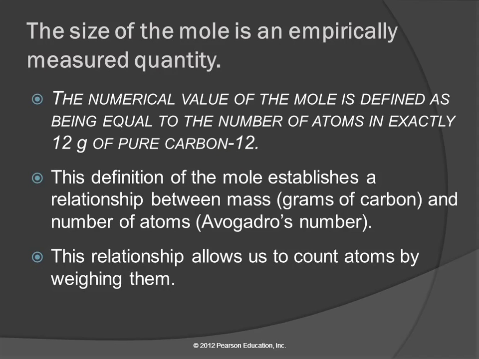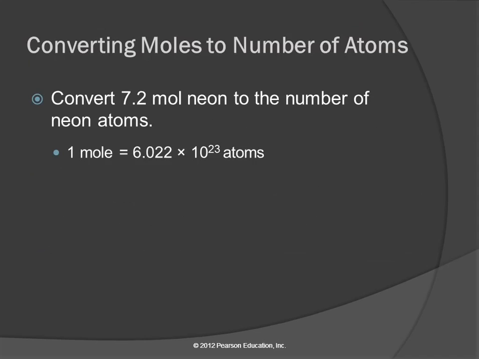And because of the way the mole is defined and the way the atomic mass unit is defined, we end up with a really neat relationship. We get this relationship between the mass in grams and the number of atoms. And I know I'm just going to jump ahead of myself, so I'm trying not to. So this relationship allows us to count atoms by weighing them.